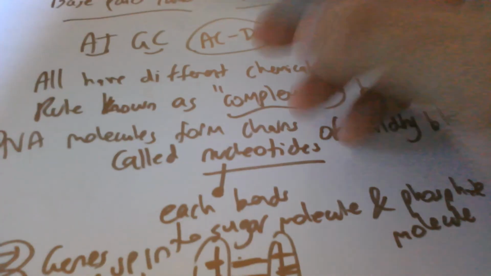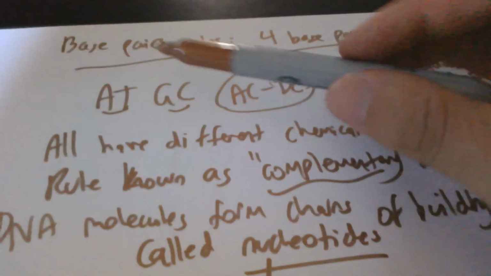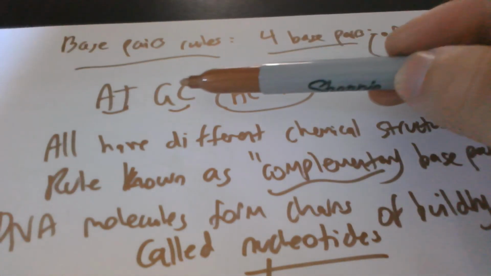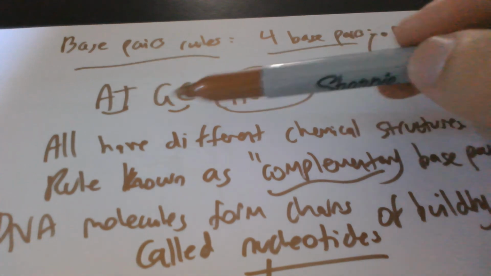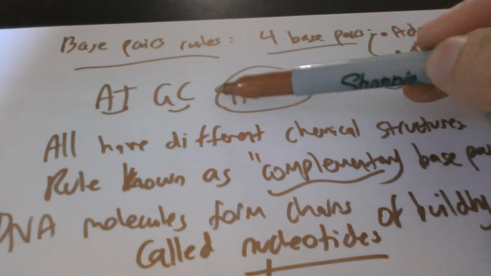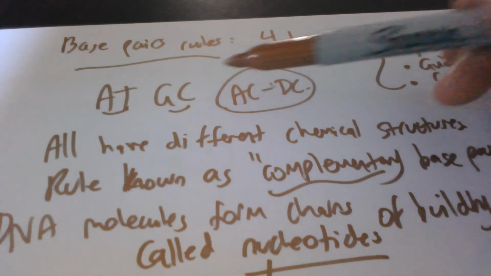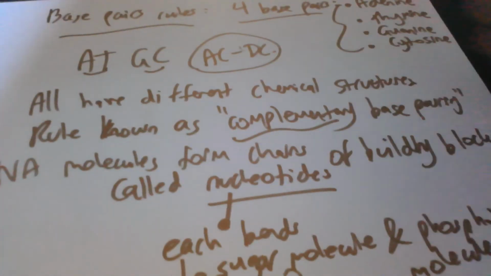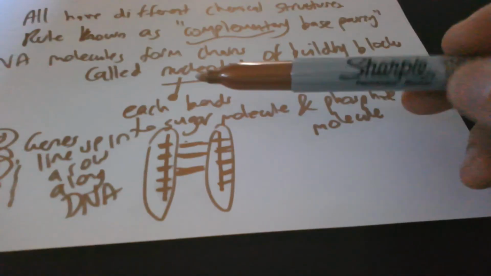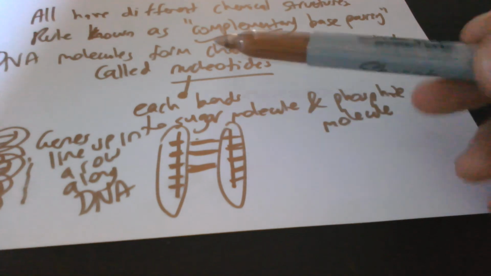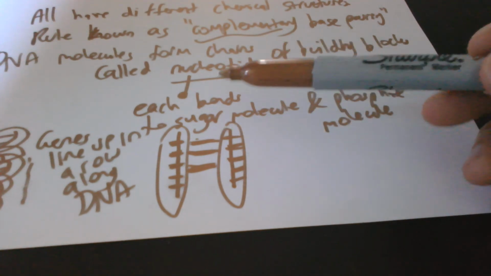ATGC, think of ACDC. Only an A can join with a T and a G can join with a C. But an A can't join with a G or a C, and a T can't join with a G or a C. These pairs are called nitrogenous bases, the rungs of the ladder of the double helix. And that's the structure of DNA in a nutshell.